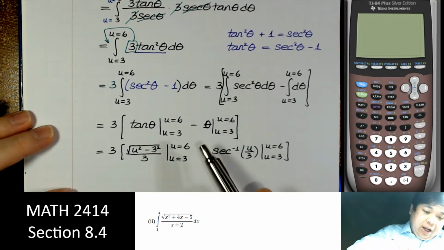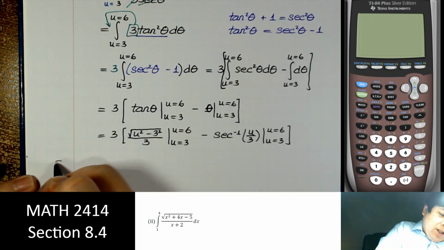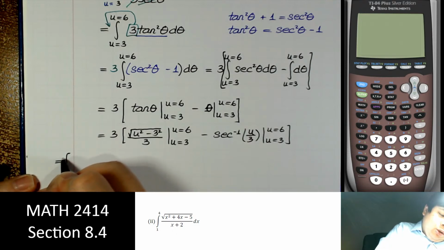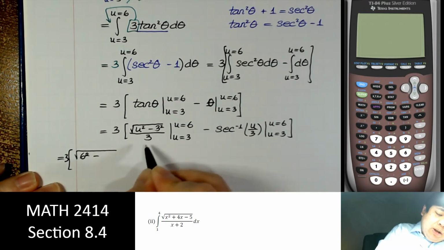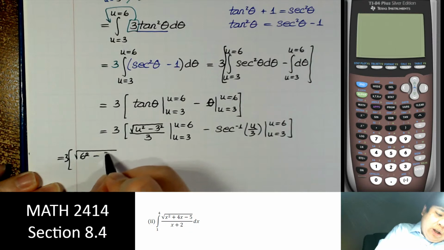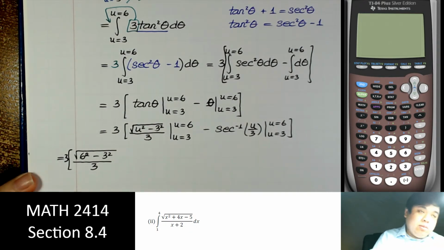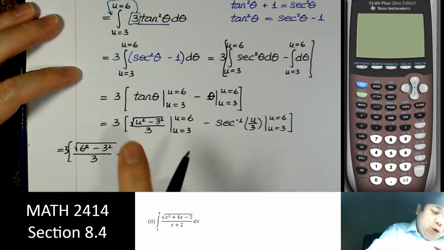Right. And then we're going to put 6 in, and then we're going to put 3 in. So first we're going to put 6 in. Let's do a 3 outside. Square root of 6 squared minus 3 squared over 3, and then we subtract where we put 3 in.